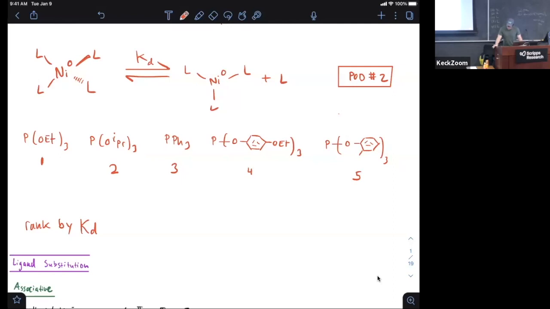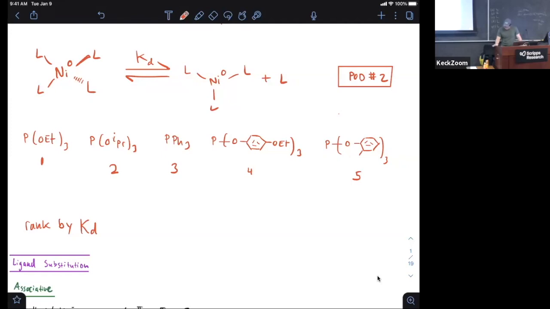Okay, now let's consider problem of the day number 2 from the day 4 worksheet. And this one will ask you to rank in terms of the dissociation constant the series of ligands shown here: triethyl phosphite, triisopropyl phosphite, trimethylphosphine, this triaryl phosphite, and then these 2 triaryl phosphites.